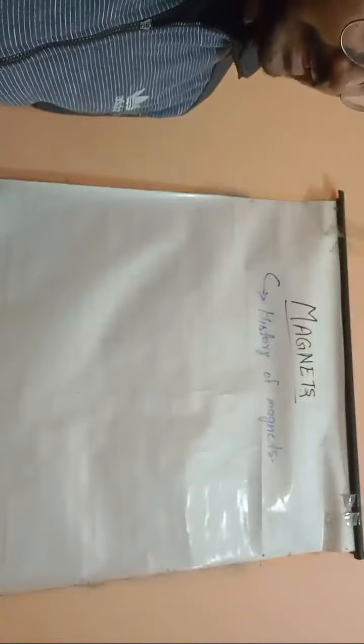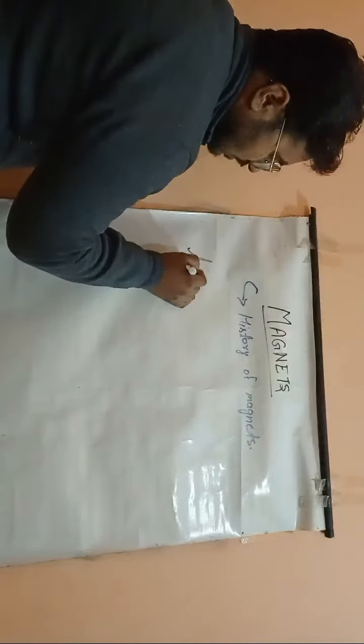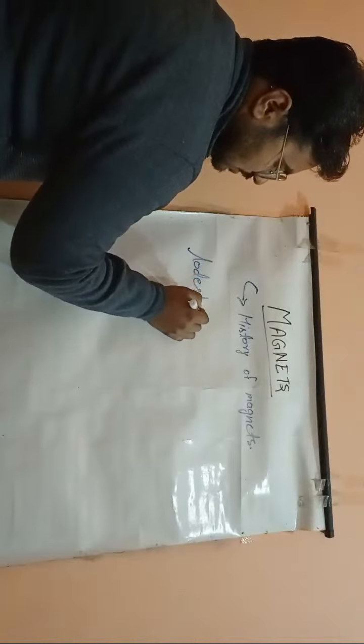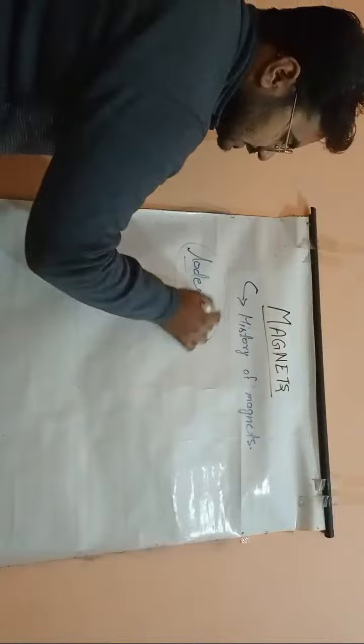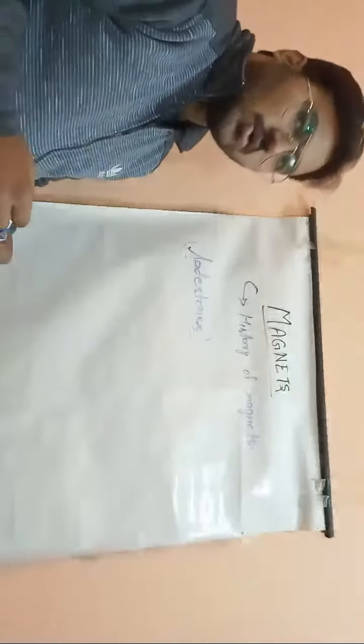So basically the rocks that have magnetism in them, the rocks which are magnets, are called lodestones. What are they called? Lodestones. I'm writing the spelling here: lodestones. So the magnets made from these rock materials are called lodestones.